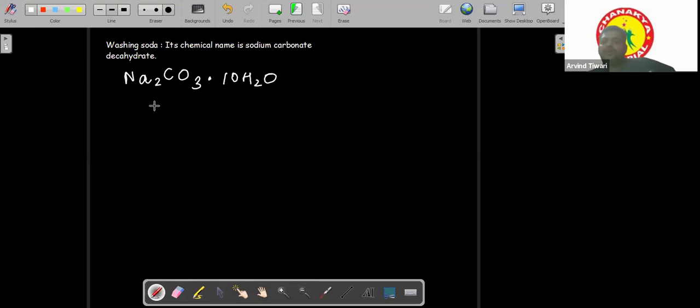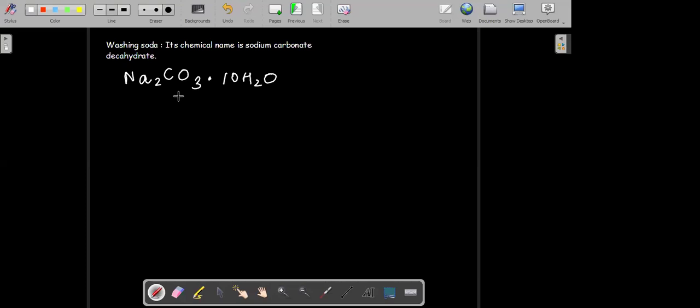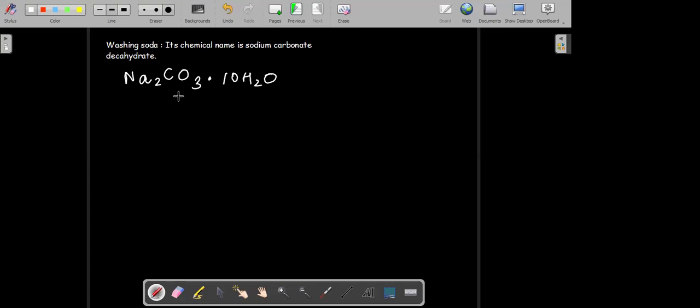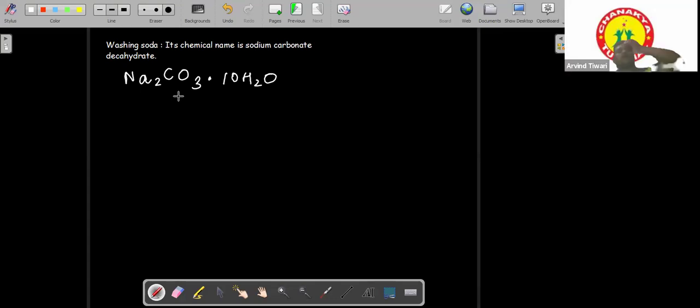So this is the chemical formula of washing soda, Na2CO3.10H2O. And what is its chemical name? Sodium carbonate decahydrate. And what is its common name?